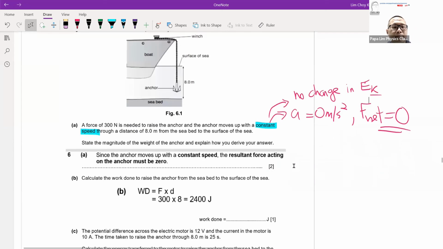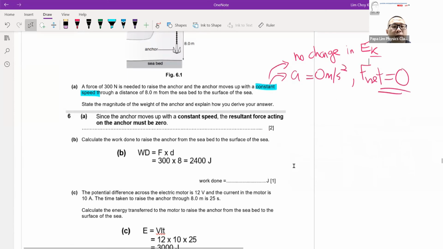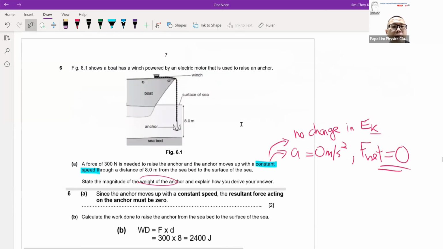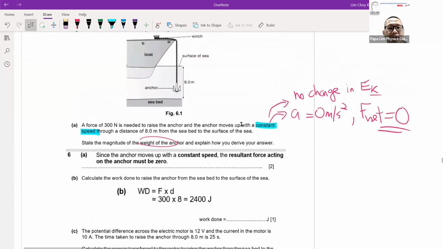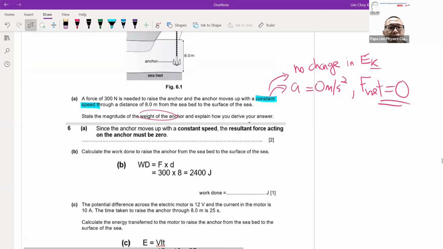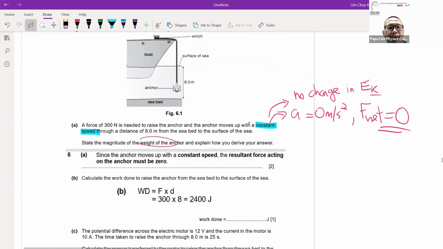So the question says state the magnitude of the weight of the anchor and explain how you derive it. Because I know the resultant force is 0, I will definitely know that the force applied and the weight will be the same number.